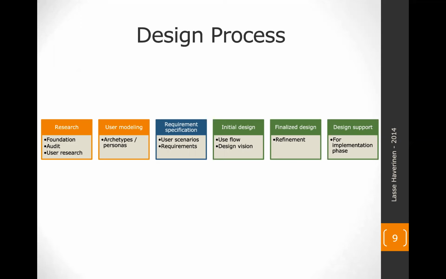The design can be split into multiple phases, like we will see shortly. Once the design is completed, typically the implementation starts, and quite often the implementation phase also needs some support from the original designers.